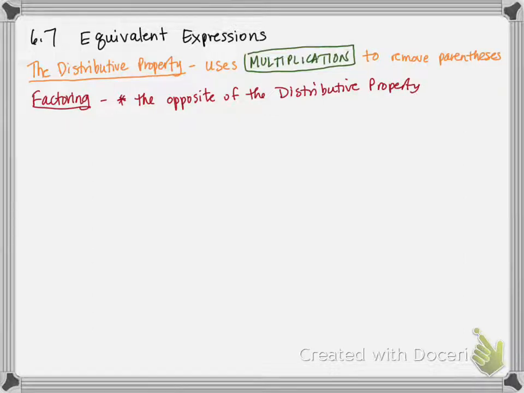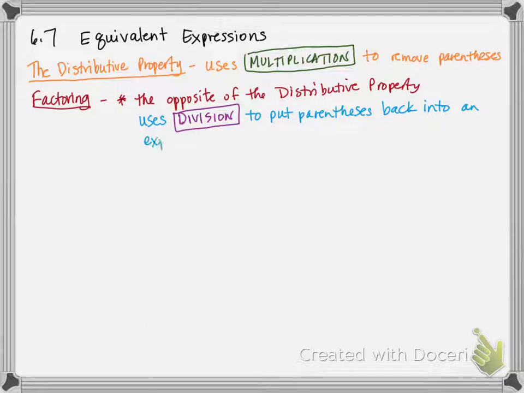Okay, so what's interesting about this guy is it uses division, to put parentheses back into an expression. And you know me, I like the factor ladder, so that's exactly what I used.